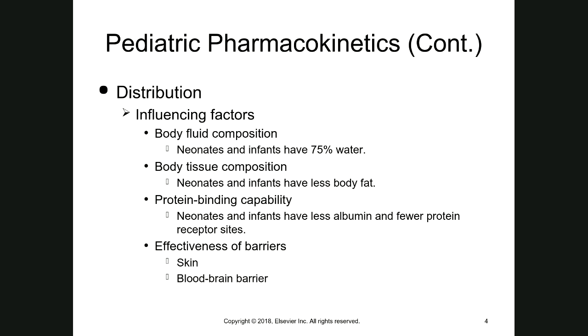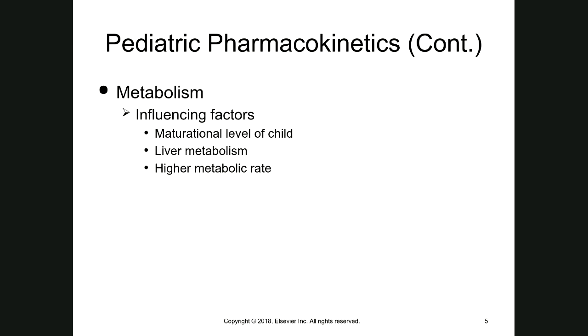These distinctions stem from differences in body composition and organ maturity, and appear to be more pronounced, like I said, in neonates and infants, but significant in school age and adolescent children. Refer to Table 5.1. We've already gone over this as the metabolism.